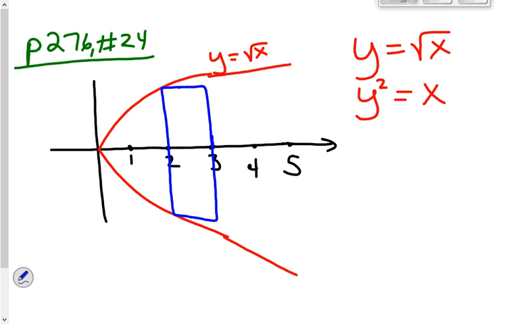My cylinder from 3 to 4, I take the value at 3, and that's what I use to make my cylinder.